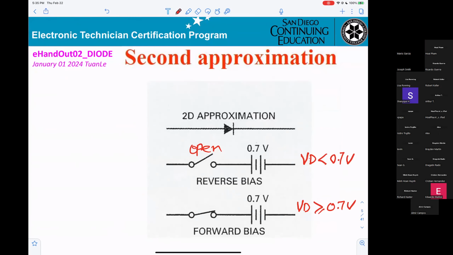Question: you said one thing is 0.3 and the other is 0.7. Can you repeat what 0.3 is?